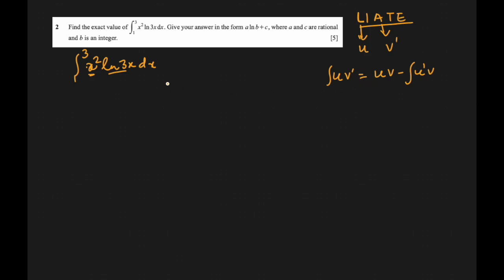Okay, so I have assumed that the logarithmic part is u, so let me write it here. The logarithmic part is natural log of 3x, that comes out to be u, and x square is the algebraic part, that comes out to be v prime, and this will become u v prime. So this has to be equal to u v minus the integration of u prime v.